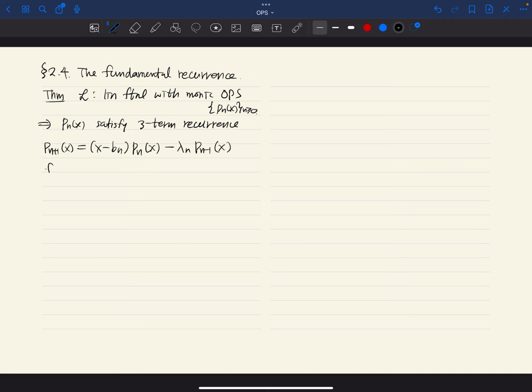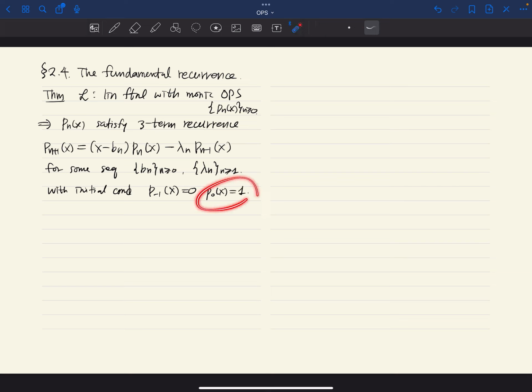for some sequences b_n and lambda_n. For b_n we need index n from 0, and for lambda_n we only need index n from 1. With initial condition p_{-1} equals 0, by convention, since it's not needed, and p_0 must be 1 because it's a monic orthogonal polynomial; a monic polynomial of degree 0 is 1, the only polynomial like that.